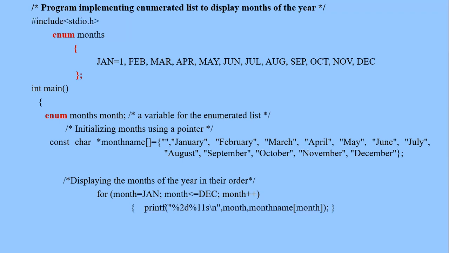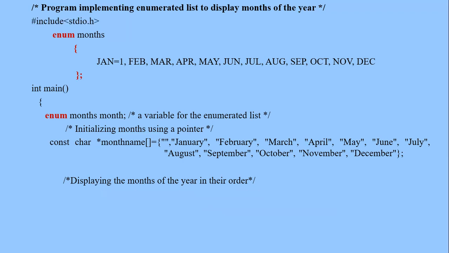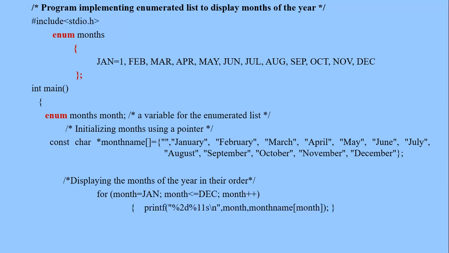Then increment the content of month with 1. So initially it is 1. Incremented by 1, it becomes 2. Then check, is 2 less than or equals to 12? Yes. So display the content of month, which is 2, and the name of that month, February.